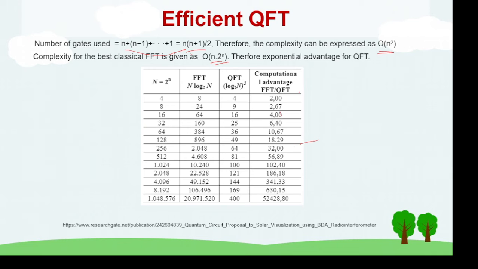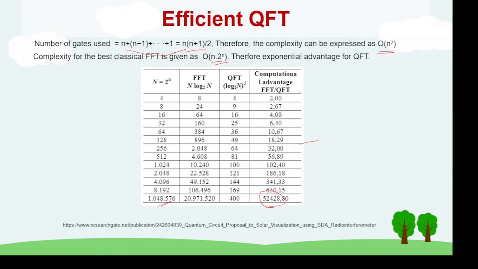In order to get a feel of it, possibly we'll try with different capital N. You can see here, as we start from 4, and go up to like 1 million, if the size of our problem is 1 million, you have a huge advantage, right? 52,000 times. Okay, I hope you understand the advantage of QFT.